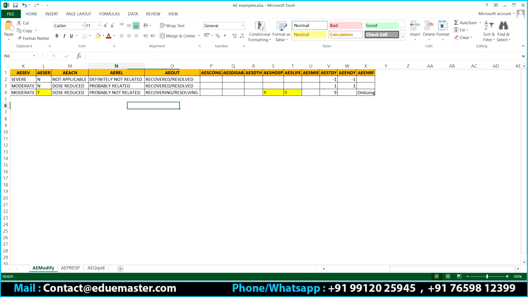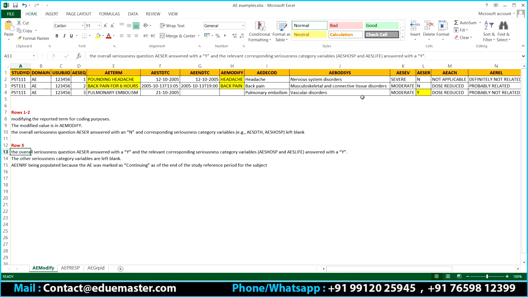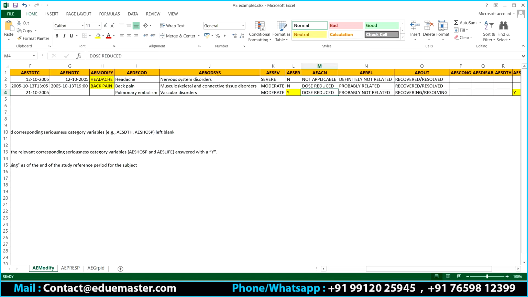I wrongly put it this way, but I have put it properly here. You can see the AEENRF should be marked as continuing, ongoing. It is an ongoing one because, you can see, the severity is high, the seriousness is high, and the outcome is recovering. He is still in the recovering mode. But in the first two, these two events are already recovered or resolved.